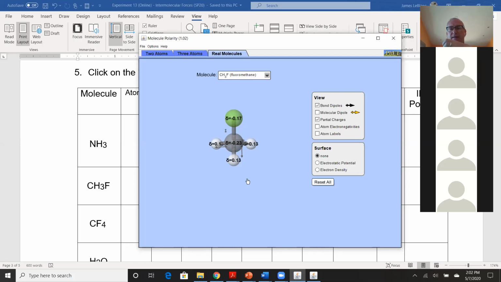Since the fluorine is pulling on the electrons from carbon, carbon then pulls on the electrons from hydrogen. And so you'll actually see that the carbon is slightly more negatively charged than the fluorine, which you really wouldn't expect to see. It's because the carbon has more electrons to pull on.